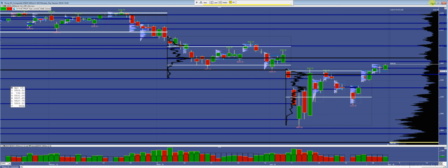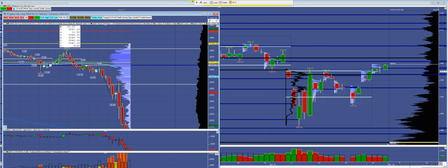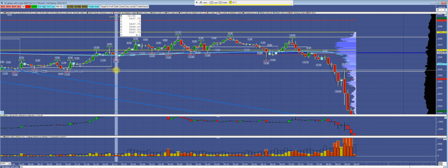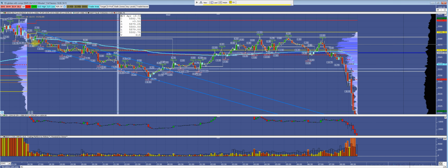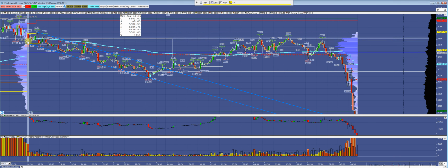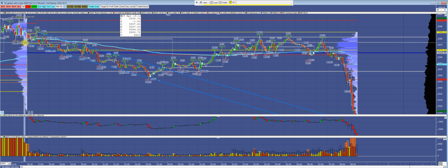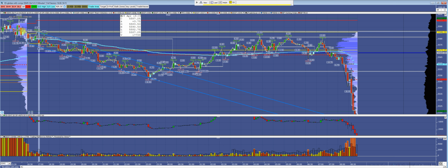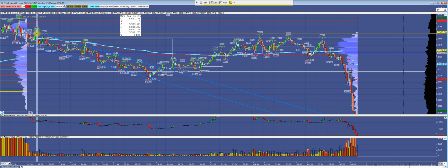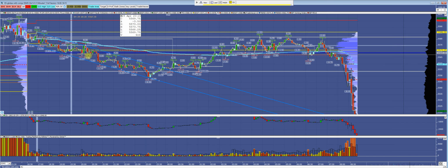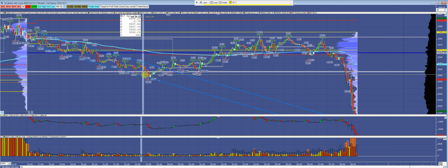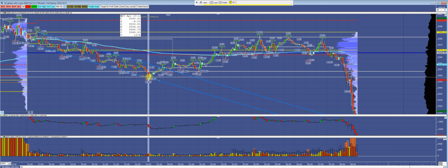Let's take a look at what happened overnight. Overnight, we opened in range. They went down, tested the LVN from the RTH session, went up, closed the ETH gap, failed to get higher, and then we basically just chopped down in a downward channel till we got down to the low here, 5548.75.